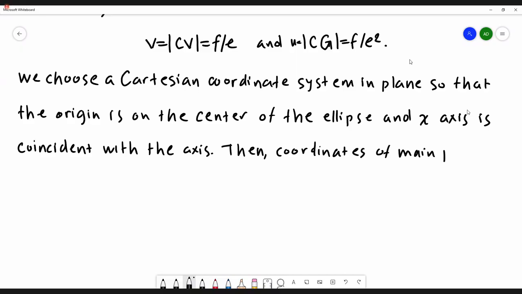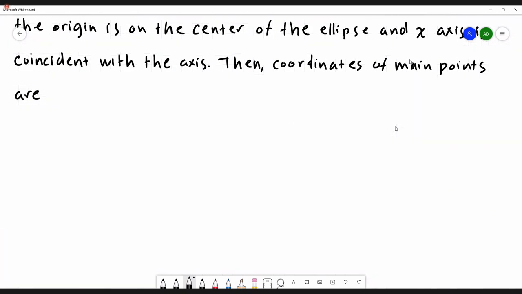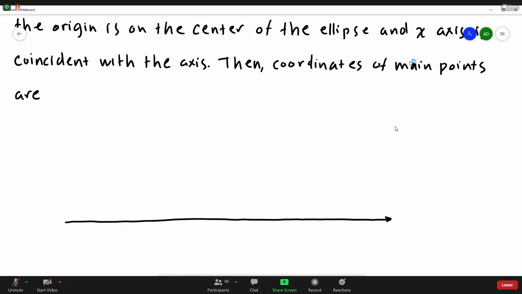Now, we first write the coordinates of the main points. Consider the figure, another figure. Now, this is our x-axis and y-axis.